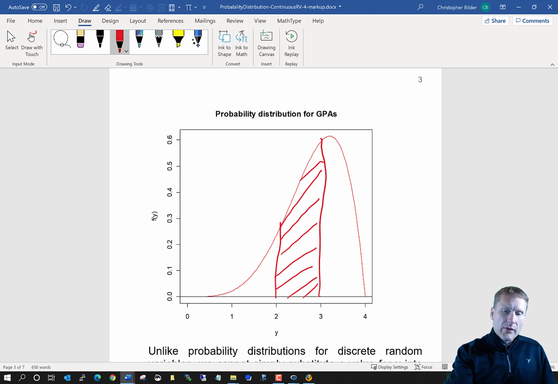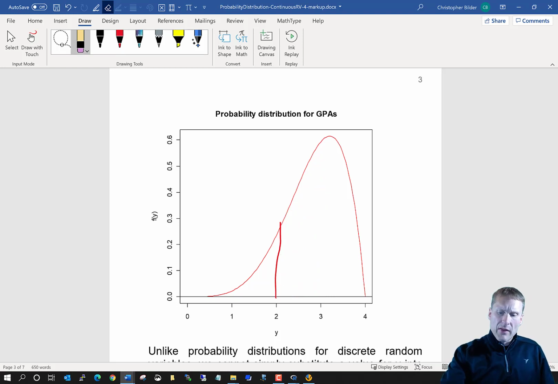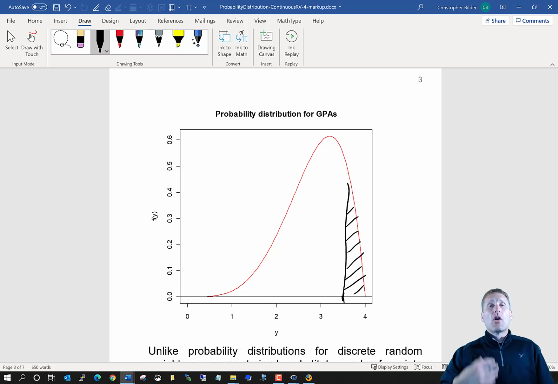If I wanted to instead find the probability that a GPA was greater than 3.5, well, here's about 3.5. I draw up, and again, the area underneath the curve all the way down to 0 represents probability.